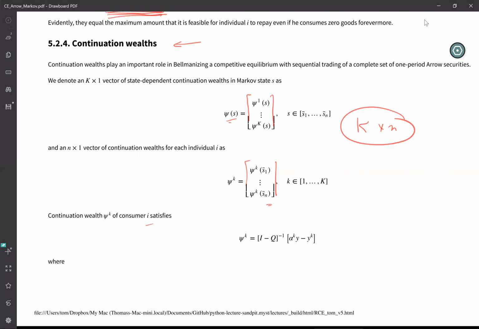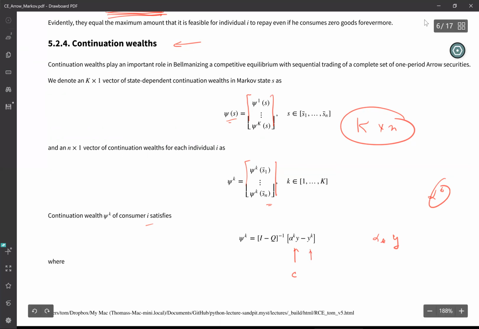we can compute it just from this formula. This is the person's consumption. It's a vector of consumptions, state by state. So what does the person consume? Consumes alpha k y in state S. And that's what it consumes.